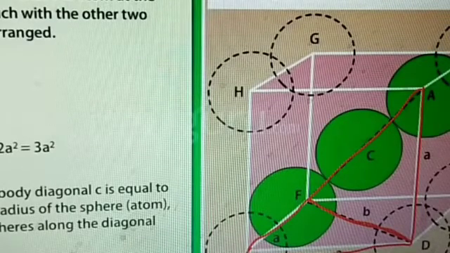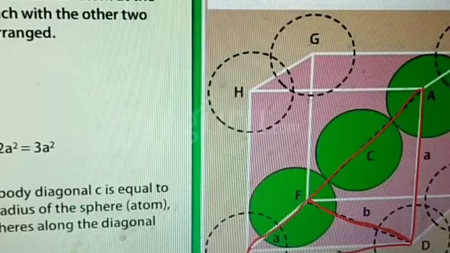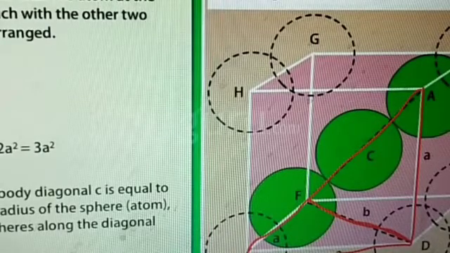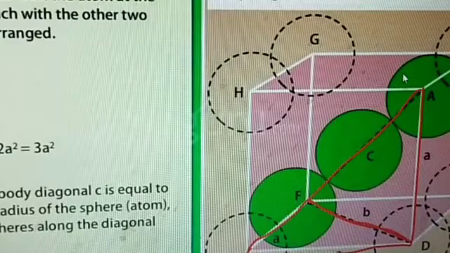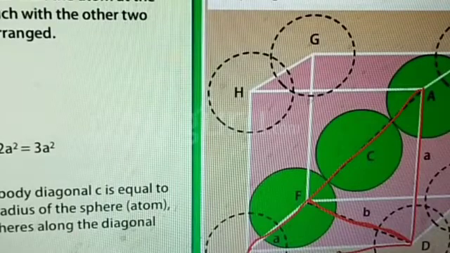Here already B square we got as 2A square, no? So I substituted that here. C square is equal to 3A square. Then C is equal to root 3 A. The length of the body diagonal C is equal to 4R, where R is the radius of the sphere.